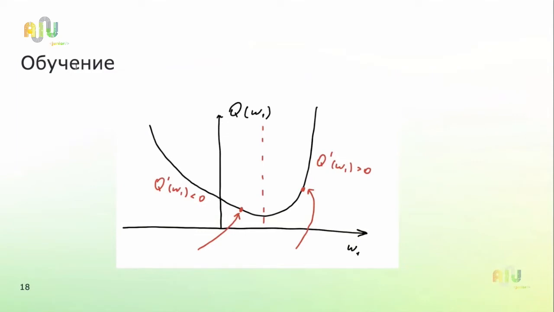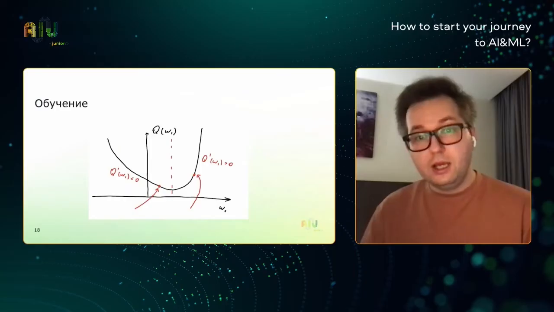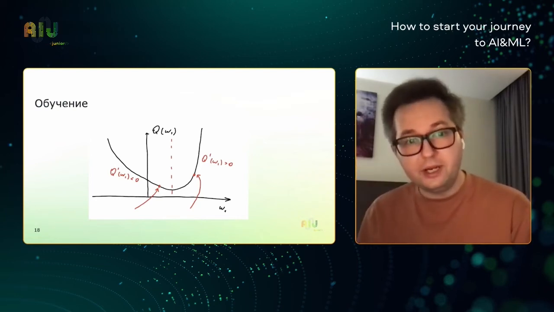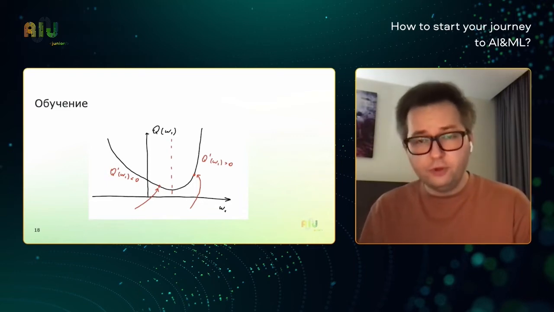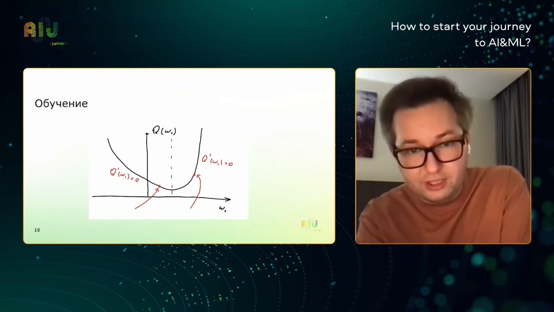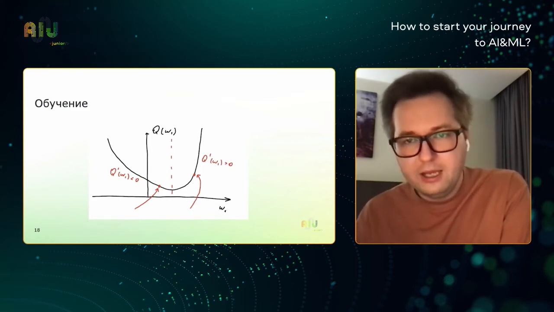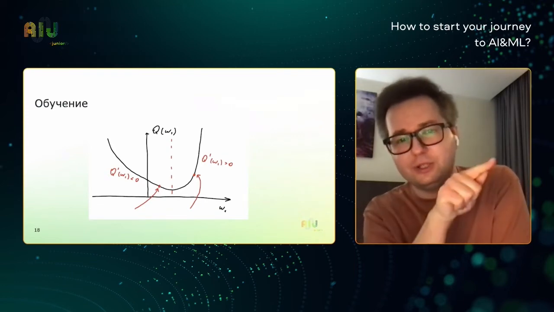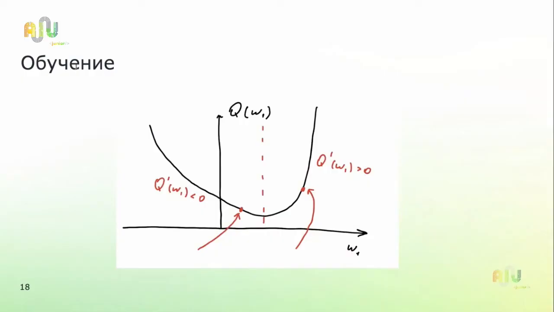We have the left branch where the function is descending, getting smaller, so the derivative will be negative. On the right the function is growing, and in this case the derivative is positive. And this derivative will be different in value. You see this red dot, where the derivative will be negative but close to 0, because the function changes very slowly. And at the dot on the right, marked with the second arrow, the derivative will be very high, because the function is growing very fast.